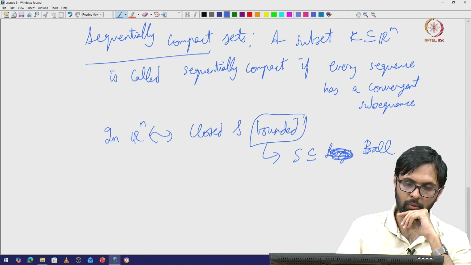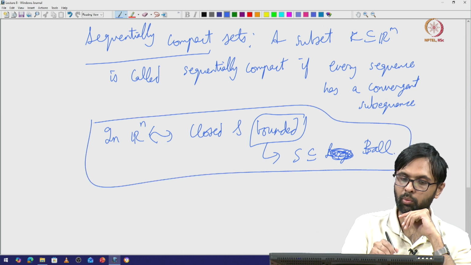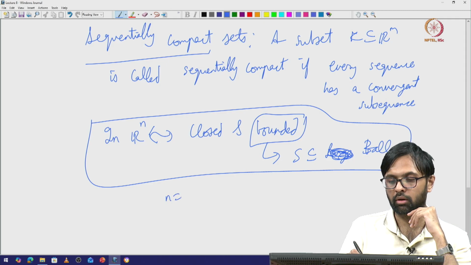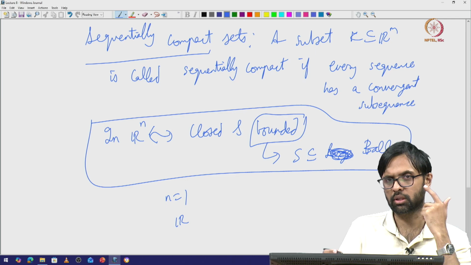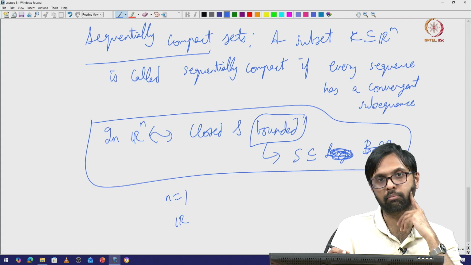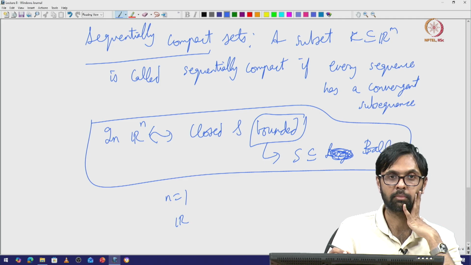Now, this needs proof, of course, but we won't bother with the proof. For n equals 1, for R, this has a name that you know. It's called the Heine-Borel theorem, or depending on how you want to call it, the Bolzano-Weierstrass theorem.